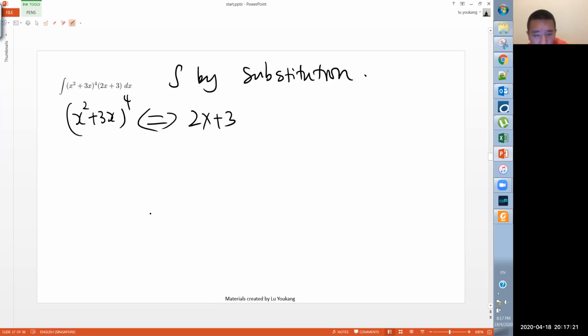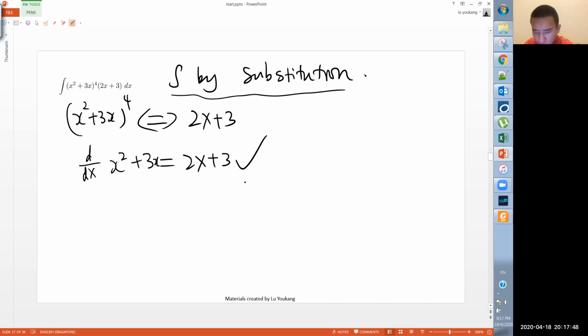How are they linked? You can see that if you differentiate this one, you will get 2x plus 3, right? Only if this is valid can you use integration by substitution.